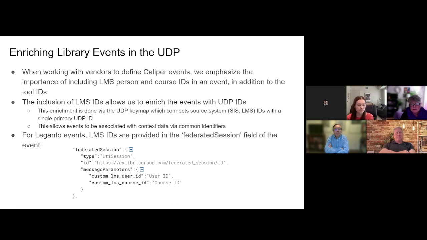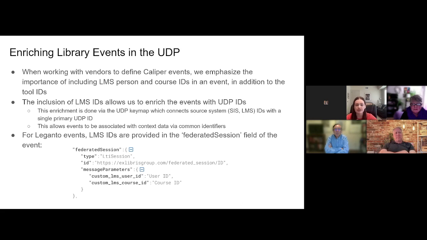Another important aspect of the event ingestion process in the UDP is the enrichment process. So when we talk about enriching events, we are basically just defining a UDP ID for the event. This is done via the UDP key map, which connects source system IDs, so SIS or LMS IDs, with a single primary UDP identifier.